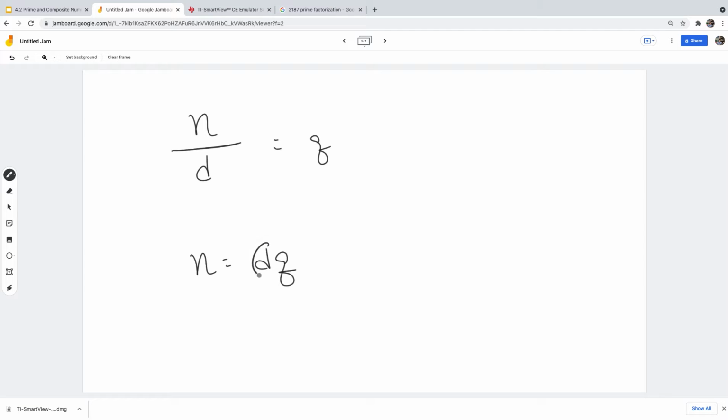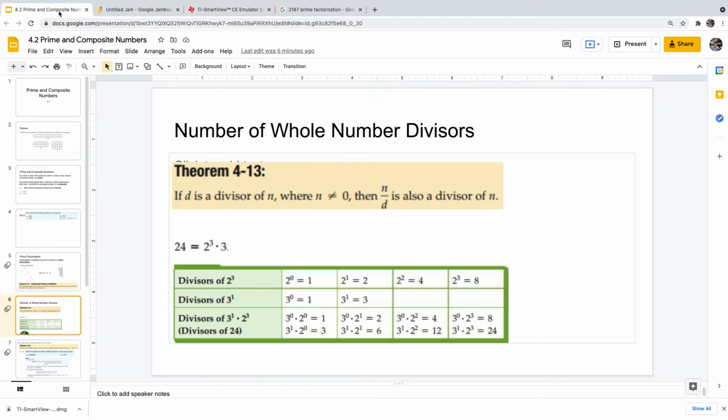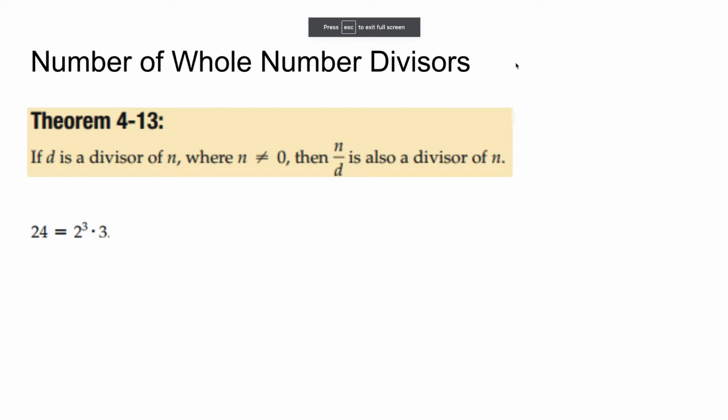Thus, d is a factor of n and also q is a factor of n. That's what it means. Okay? The next thing that we want to talk about is, can we figure out the number of divisors? I want you to think about this specific number, 24, as an example. I already have finished the prime factorization of 24.